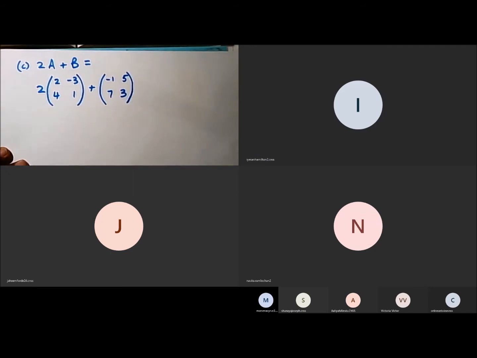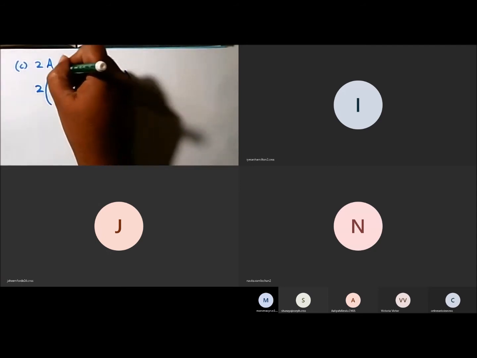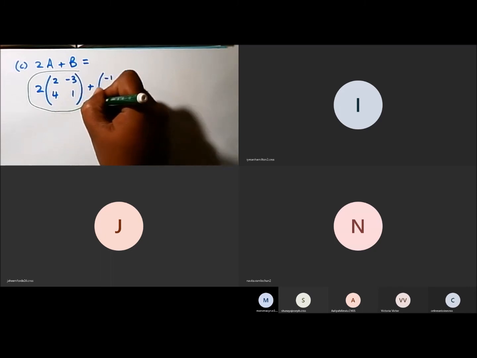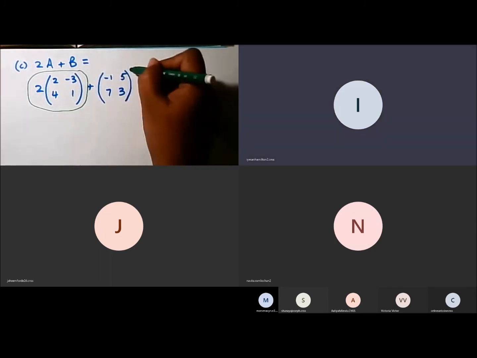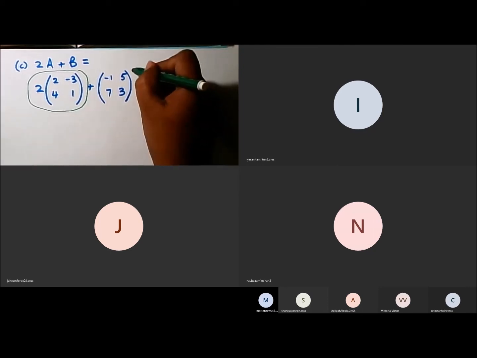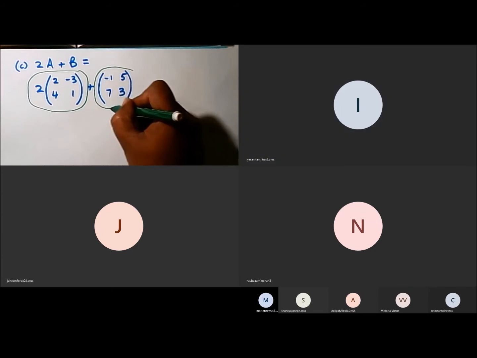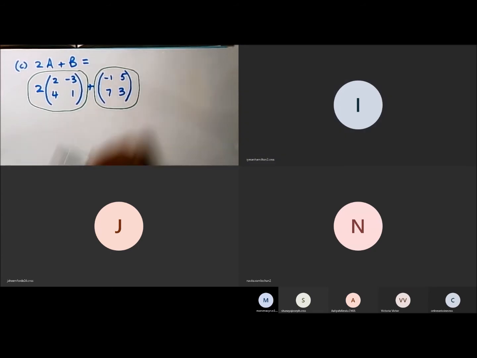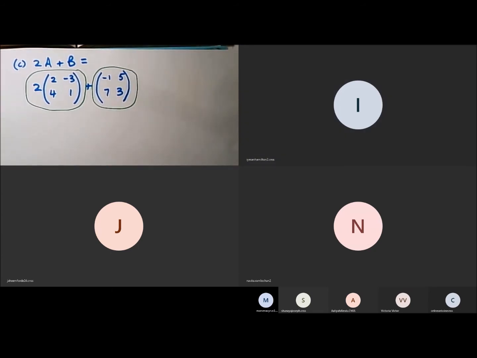Okay then. So now, the first thing we do is we work out this piece here. Think about it like terms. Terms are separated by a plus or minus sign. So this here is one big term, and this is another little term.